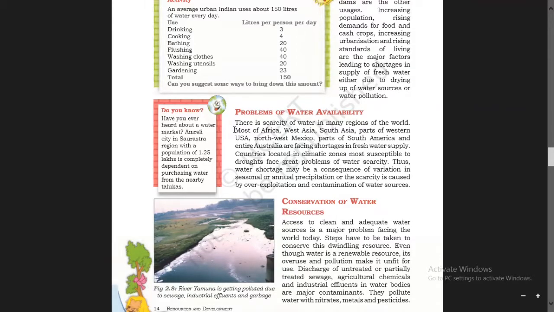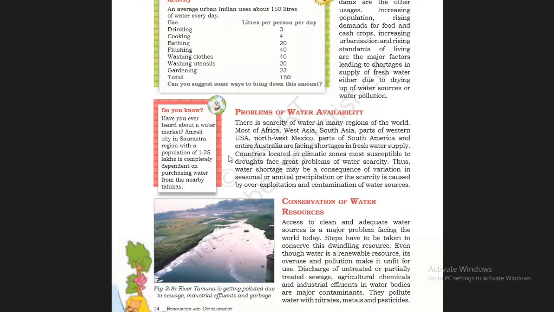Most of Africa, West Asia, South Asia, parts of Western USA, Northwest Mexico, parts of South America, and entire Australia are facing shortages in freshwater supply.